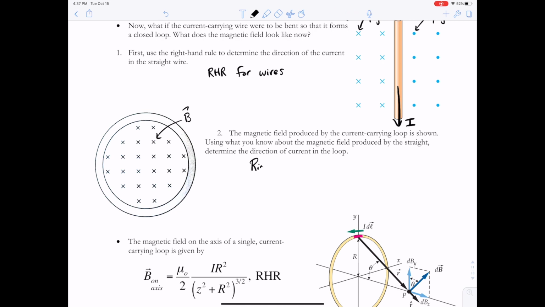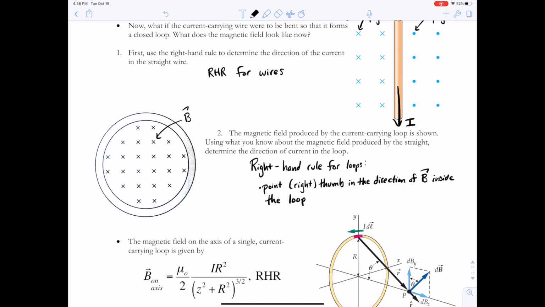The right-hand rule for loops says to point your right thumb in the direction of the magnetic field inside the loop.